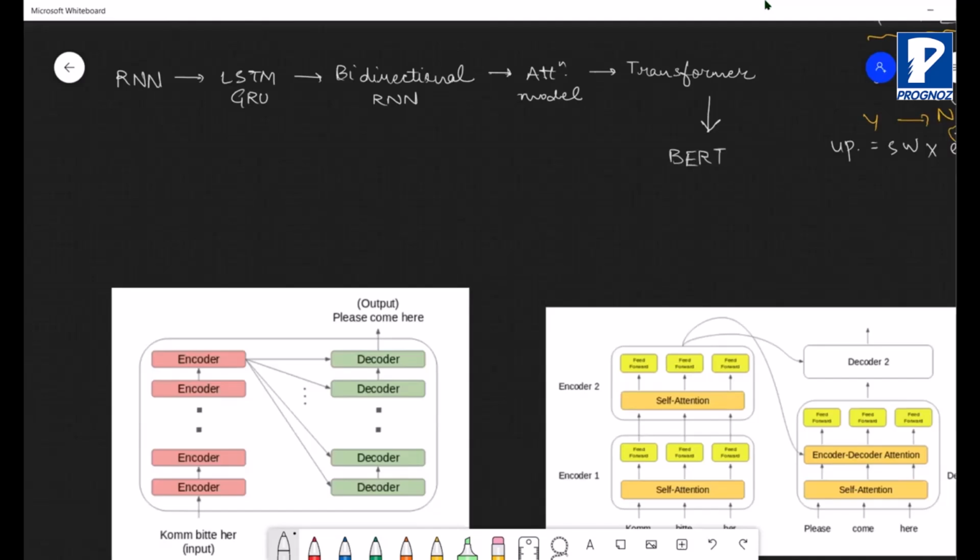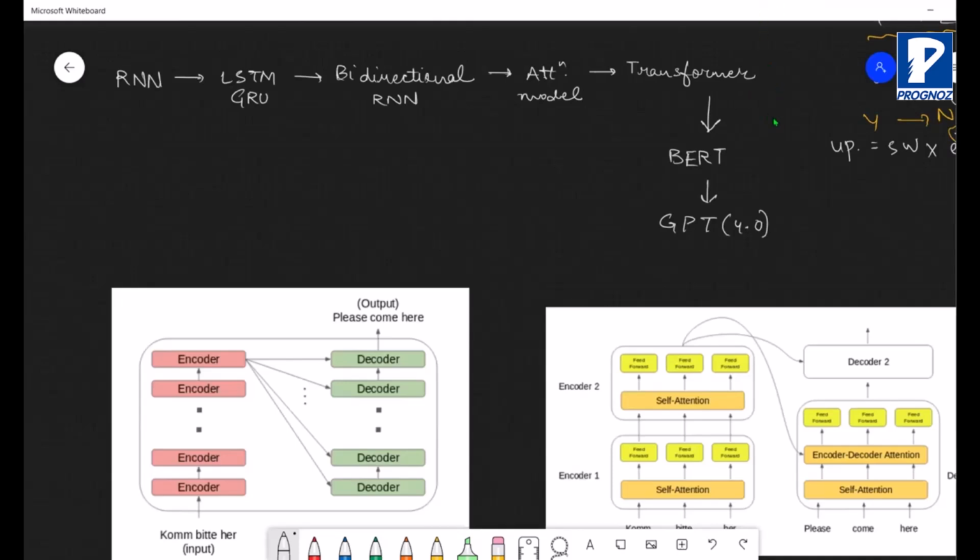And after BERT, as I was saying, you have one more advancement which is known as GPT. GPT-4 has been launched, so GPT-4 let's say. This is the flow that you can keep in mind.